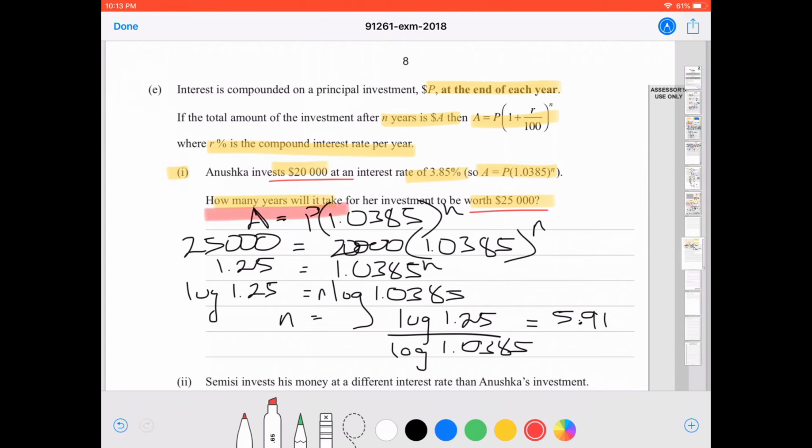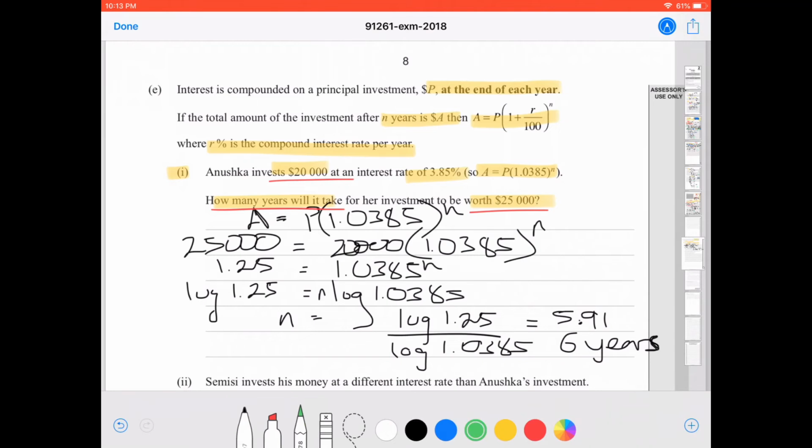We are going to say it's going to be 6 years, because it definitely wouldn't be anything less than 5.91, so we couldn't say 5 years. 6 years is the correct answer here.